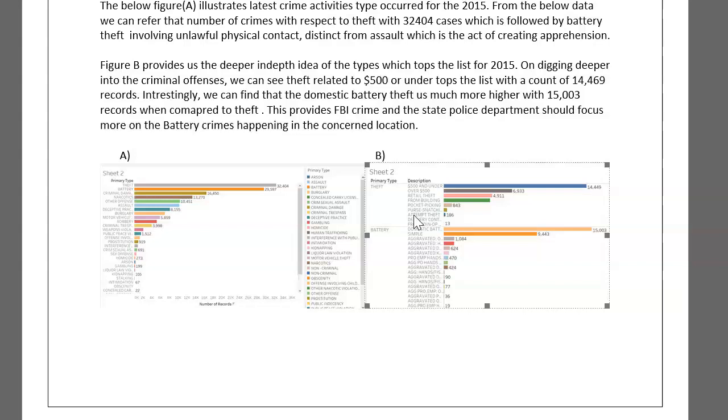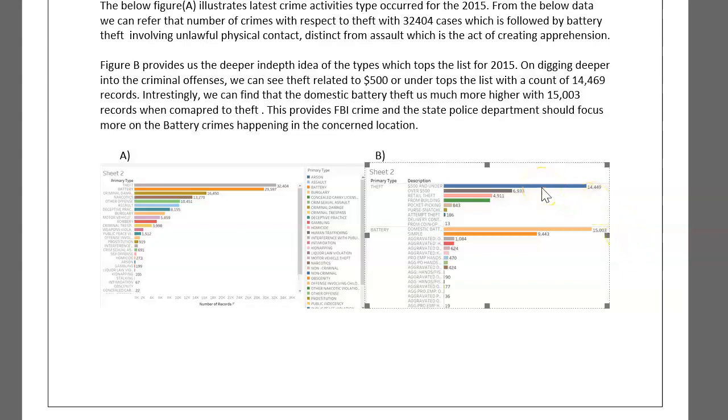For battery, the domestic battery violation is 15,003, and the simple one is 9,443. Because the battery and theft contribute the maximum percentage, the first two here and the first two there contribute the maximum percentage of the criminal activities happening in this data set.